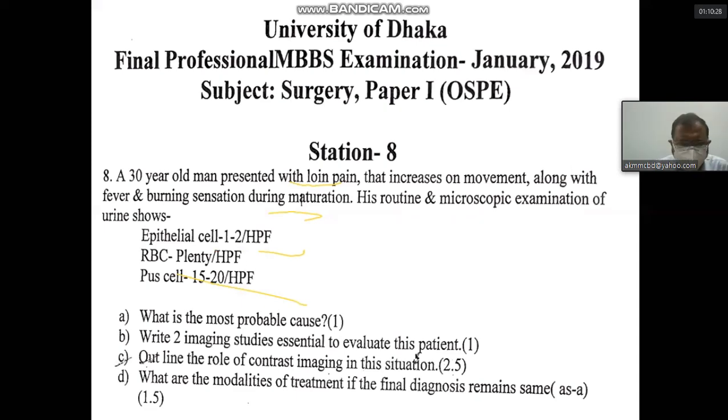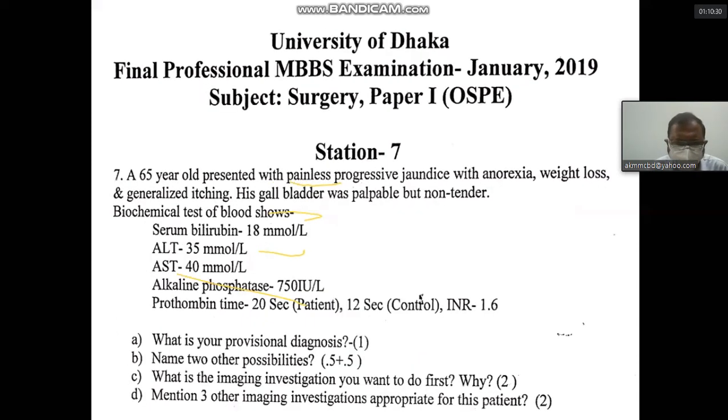A 65-year-old presented with painless progressive jaundice with anorexia, weight loss and generalized itching, gallbladder palpable but non-tender. What is your diagnosis?